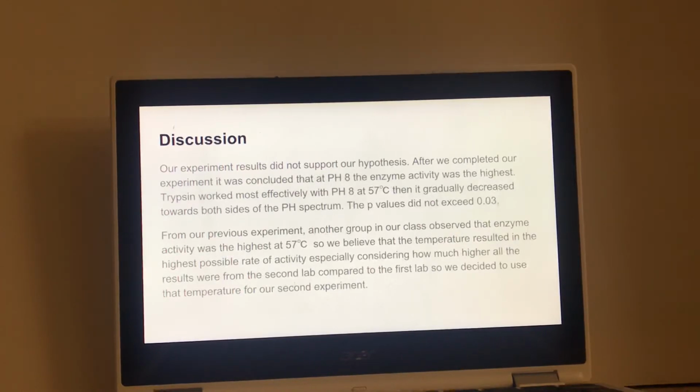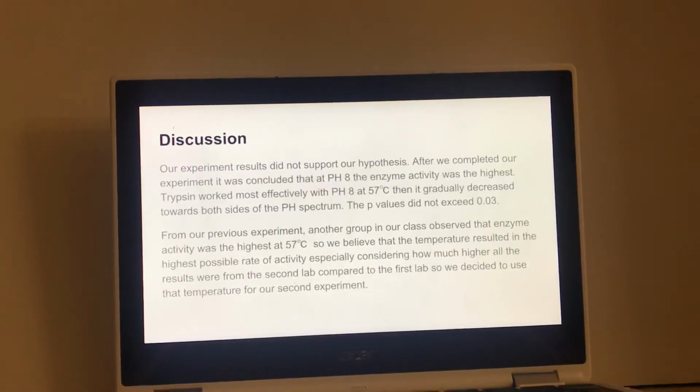Let me speak about how we were comparing results of other groups from the last experiment, and they concluded that at 57 degrees Celsius they had the optimal enzyme activity. Their independent variable was the temperature.